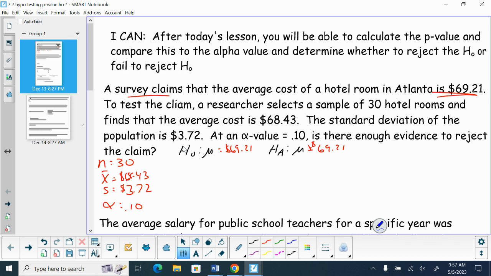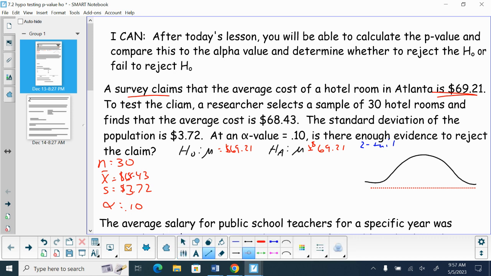One tail, two tail? Two tail. Two tails, so we set up our bell-shaped curve and we get our two tails there.